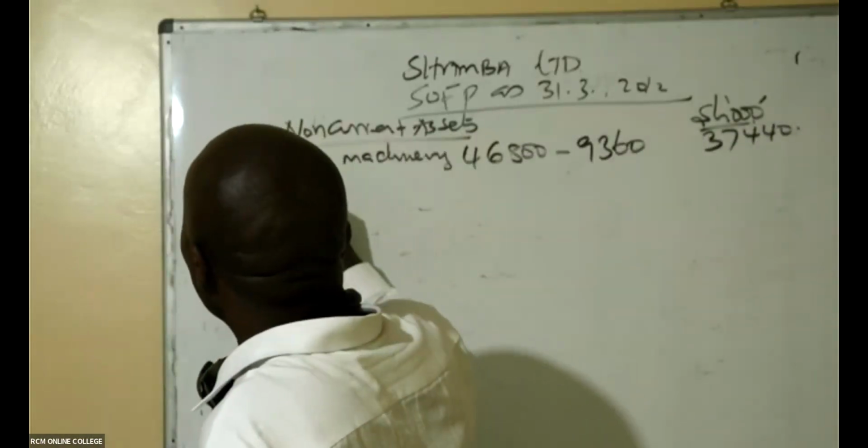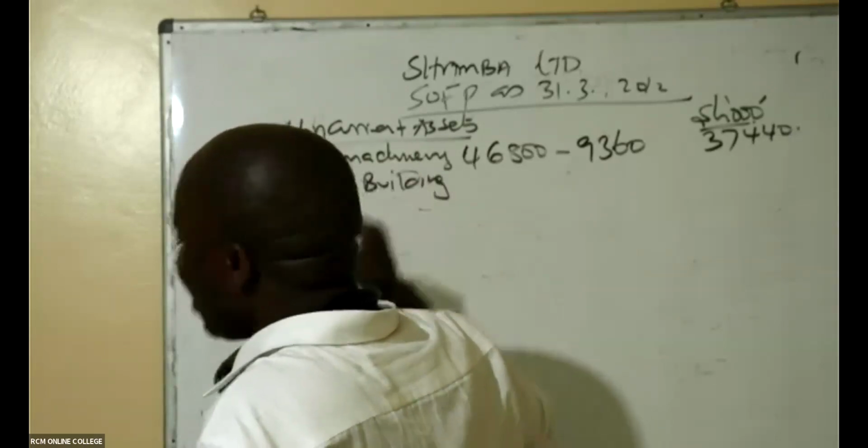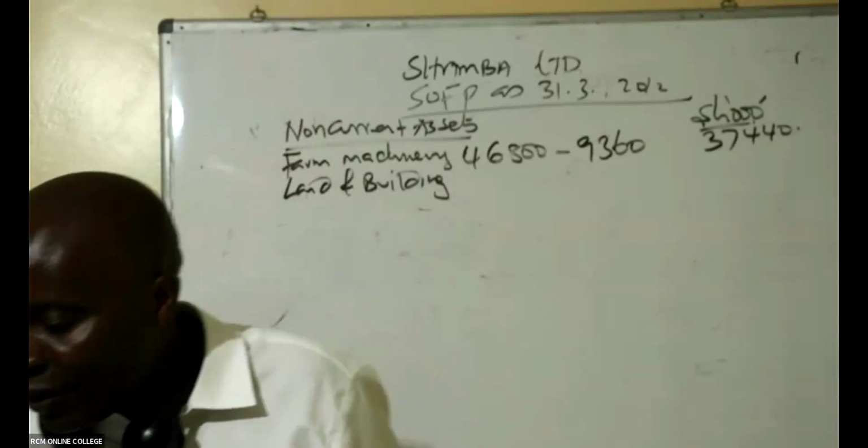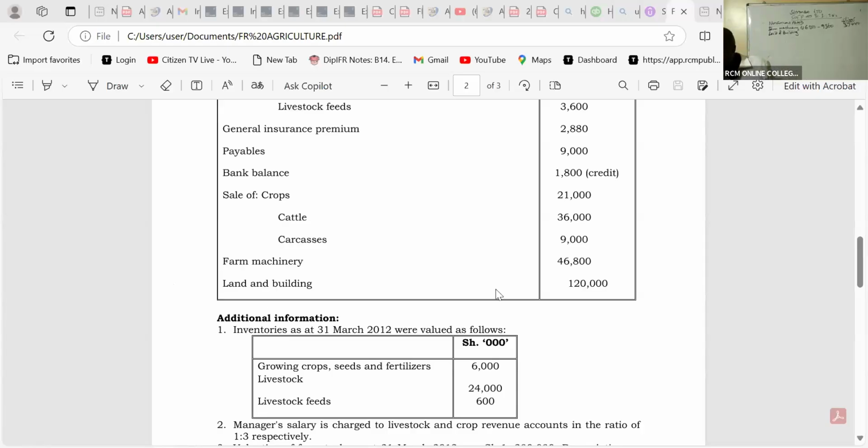After that, we have land and building. They have given us a figure and never hinted at any depreciation. So, land and building, what figure do we have here? 120,000. Whenever there is land, you can't talk about depreciation unless they isolate the building.